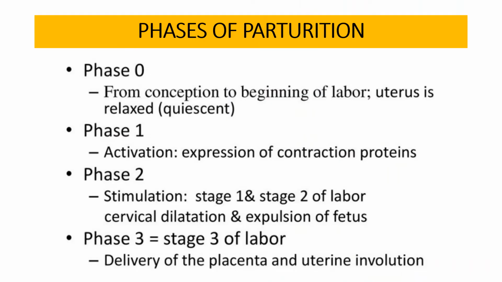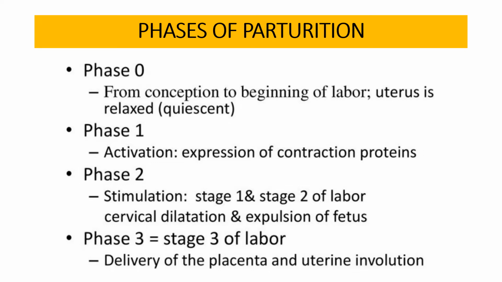The parturition has three phases, or in fact you can say four phases. First one is phase 0. Phase 0 happens from the conception to the beginning of the labor, where the uterus is relaxed or quiescent. In phase 1 there is activation or expression of contraction proteins.